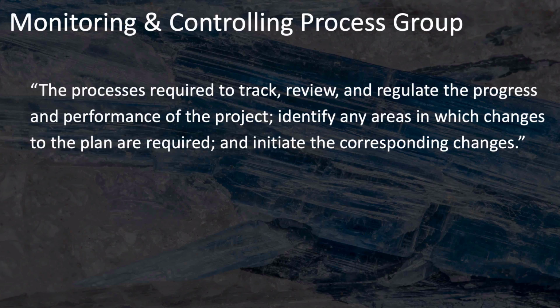Instead, it's about keeping an eye on the work, tracking progress, reviewing performance, identifying opportunities for improvement, initiating changes, and everything that has to do with making sure that the work is being done well. It's not about doing the work, it's about making sure it is done right and adapting to changing circumstances.